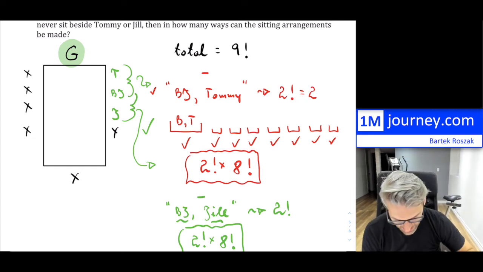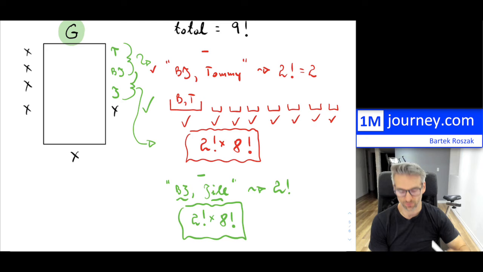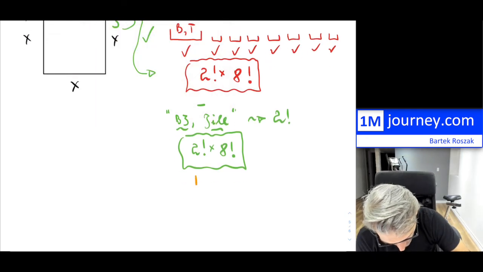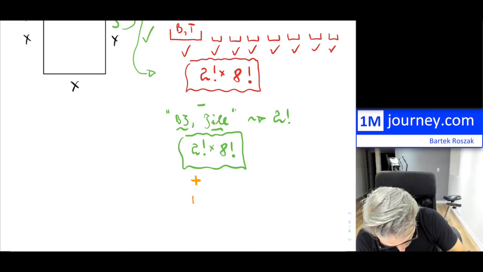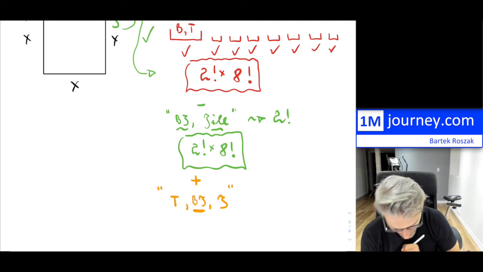That means we shouldn't subtract them 2 times. We should just subtract them once, so we should actually add at the end. So this is going to be adding when BJ is fixed in the middle and you have Tommy and Jill on the sides.